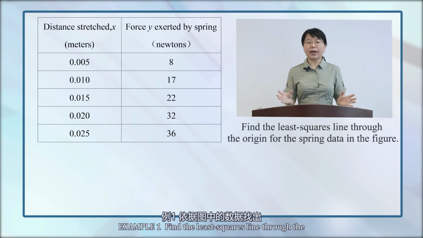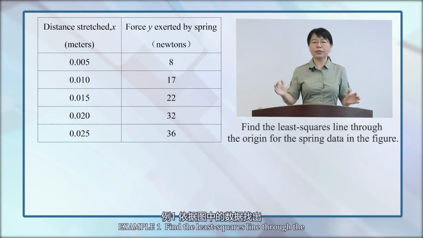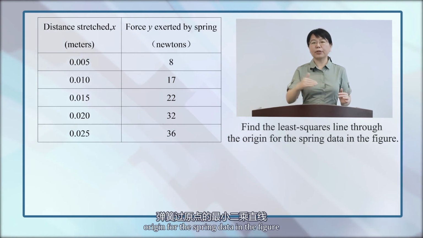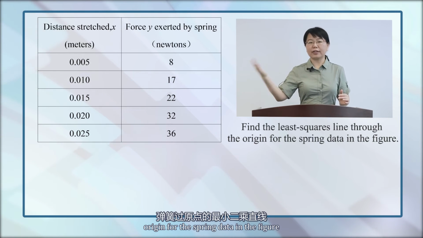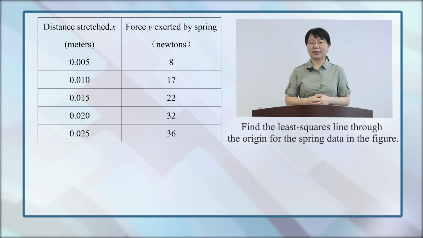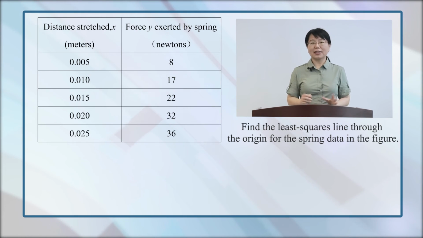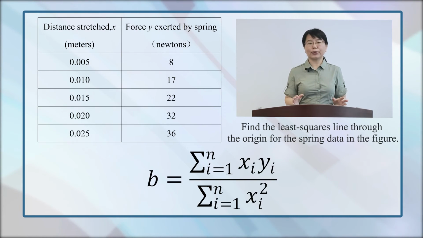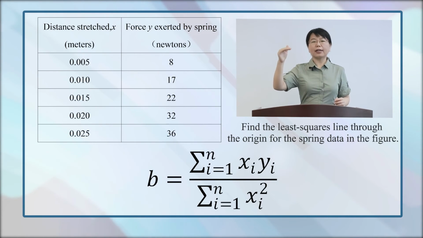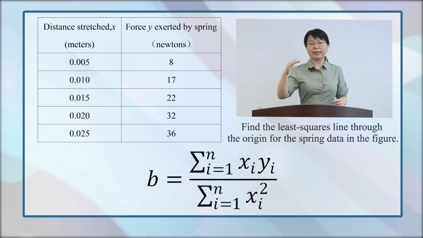Okay, now let's see one example. Could you find the least squares line through the origin for the spring data in the first figure? Now let's apply the formula we just got. So b is equal to the sum of xi times yi over the sum of xi squared.